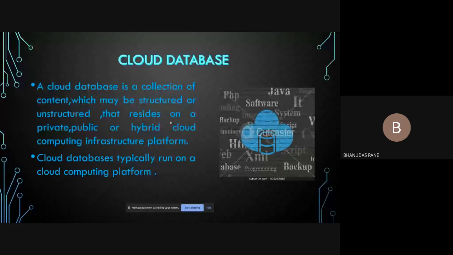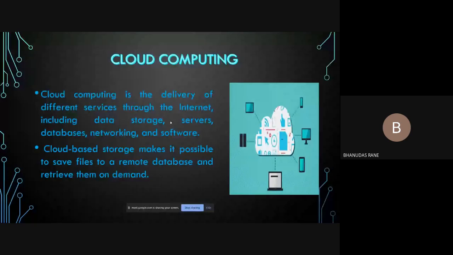Second point is cloud databases typically run on a cloud computing platform. Next is cloud computing. Cloud computing is the delivery of different services through the internet, including data storage, servers, databases, networking, and software.